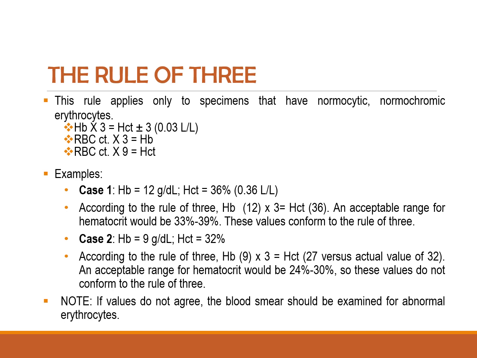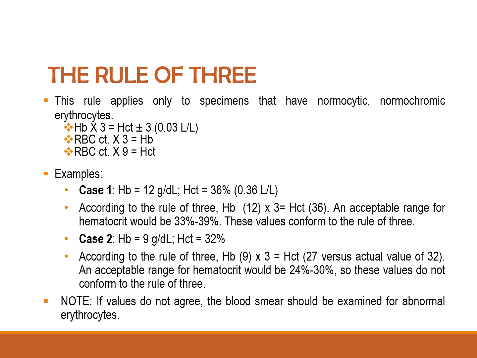Another example is case 2. In case 2, the hemoglobin result of the patient is 9 grams per dL and the hematocrit result is 32%. According to the rule of 3, when we multiply the hemoglobin result by 3, the hematocrit is 27, but the given hematocrit result of the patient is 32%.